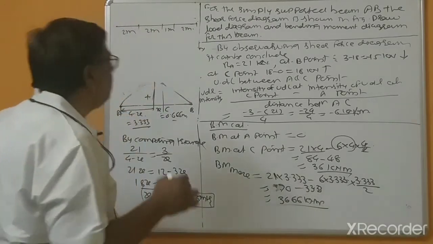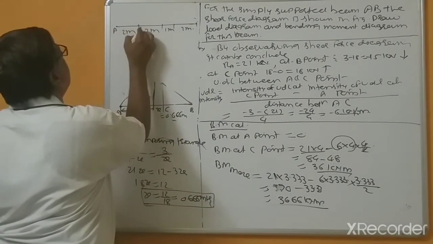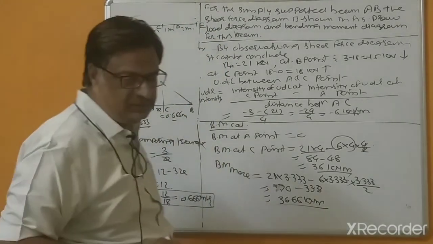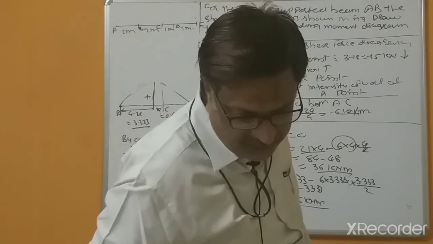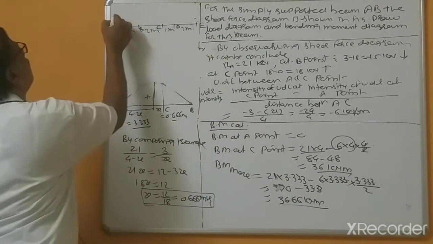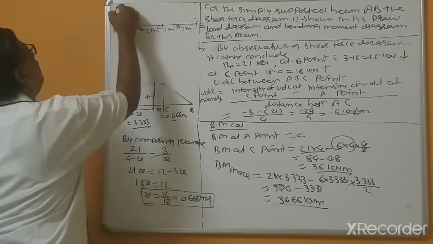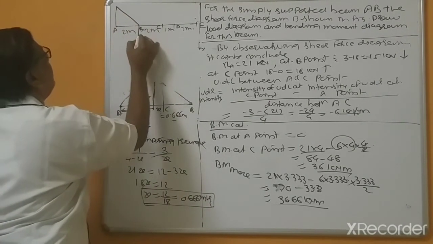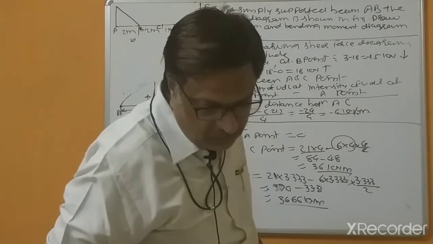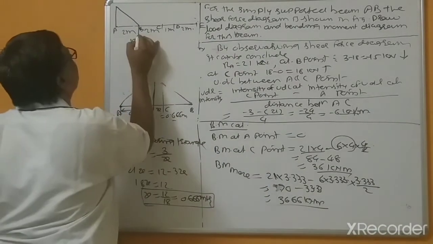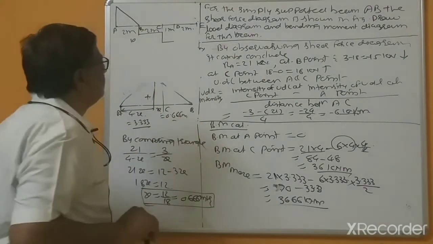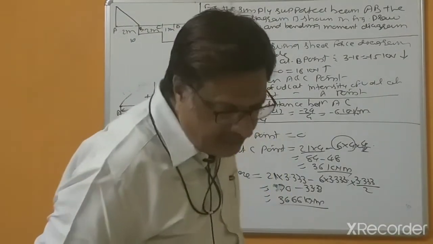A, B, C, D. A, B, C, D and E point. 20, 10, 20, 20. 20, 10, again 20, 20, 20, 20, to that 20.